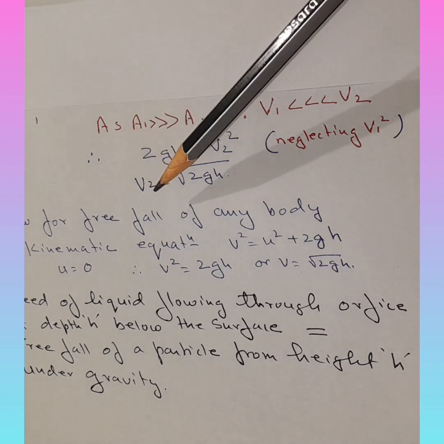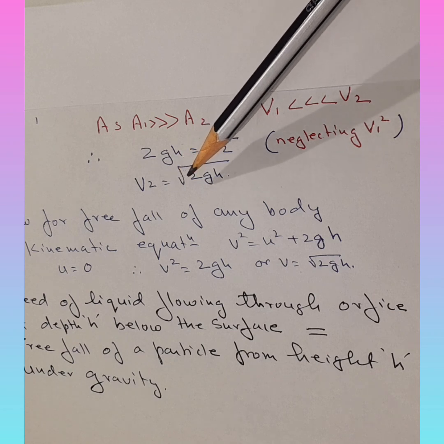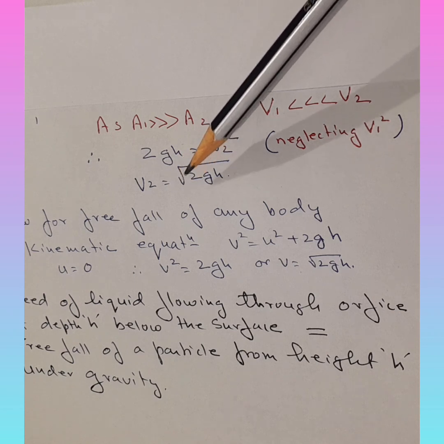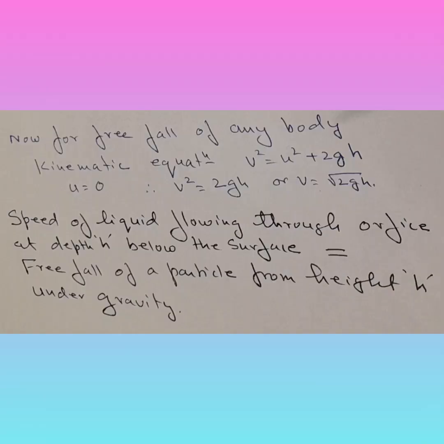On rooting we get V2, the velocity of fluid coming out of the orifice, is equal to root 2GH. Now, another interesting thing is, if we talk about free fall of a body under gravity, the formula for that also is V is equal to root 2GH.